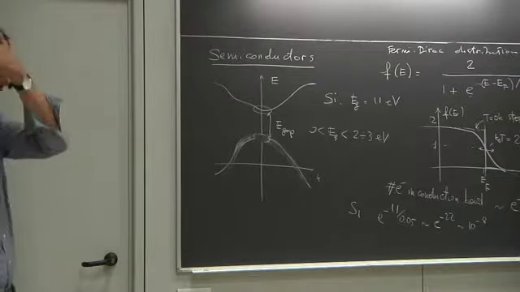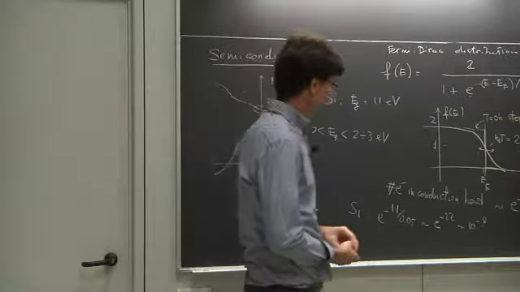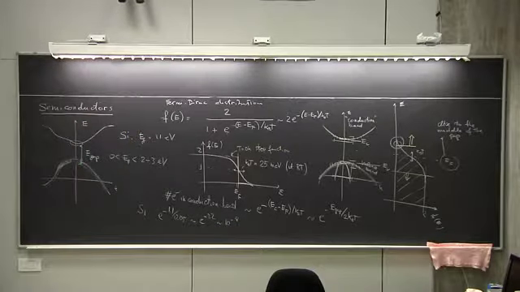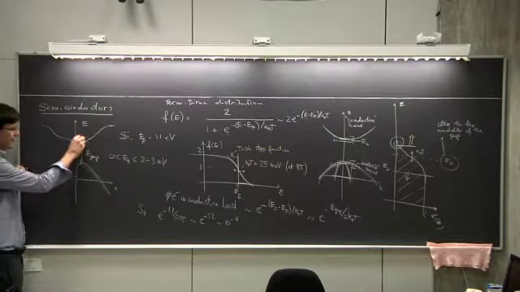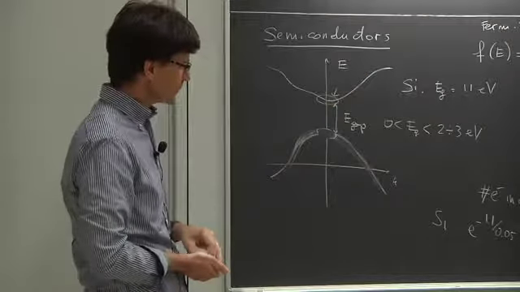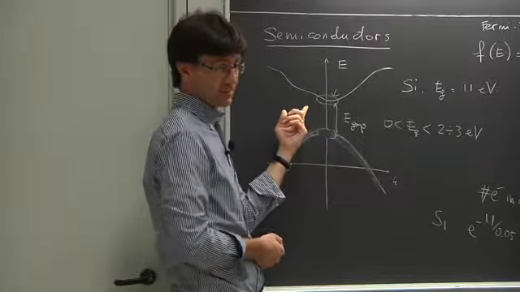Now, you might think that this is a small number, but this is actually detectable. If you have a small but finite number of electrons being promoted in the conduction band, these electrons will behave like free electrons, right?